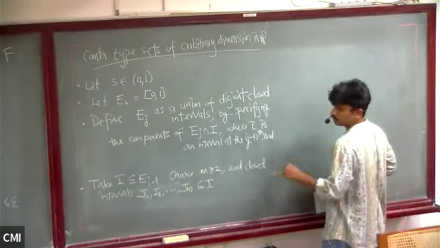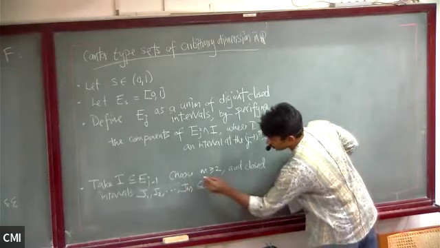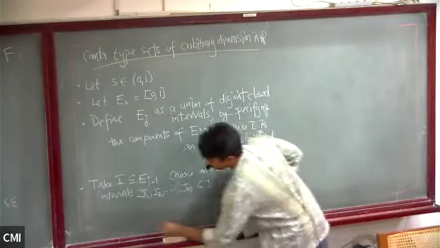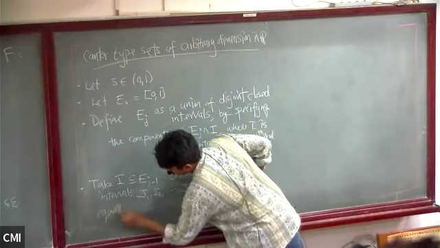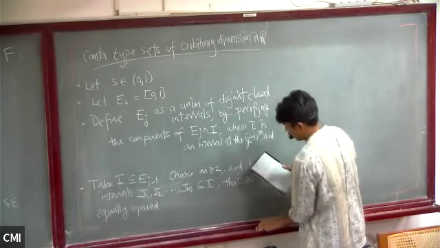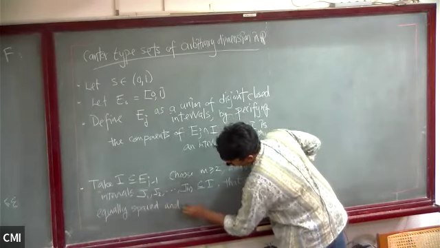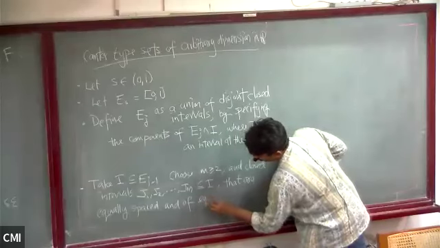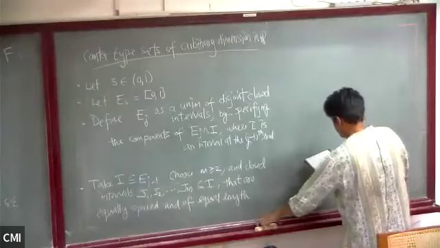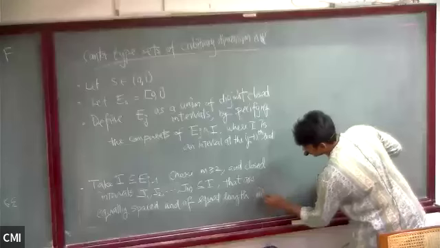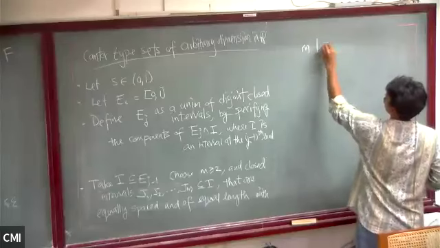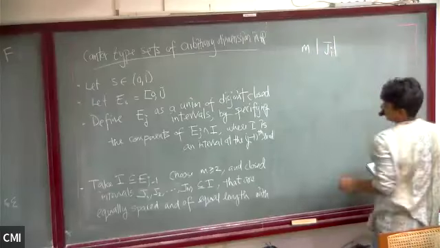This choice will be done in such a manner that these J_i are equally spaced and of equal length.